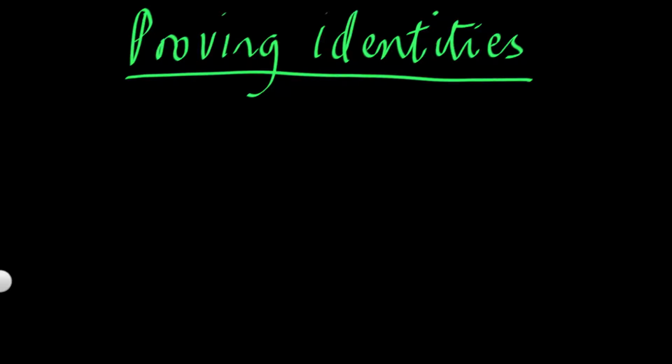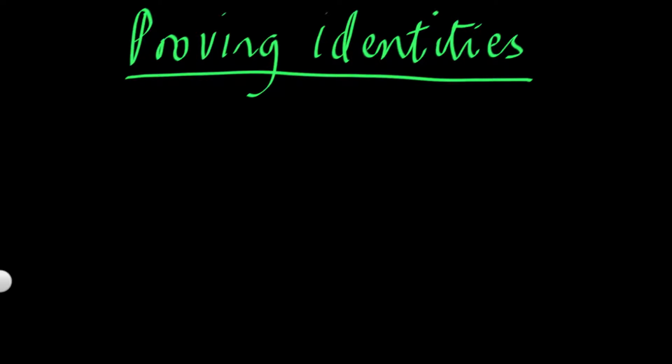I think proving identities is more of an art than mathematics, because sometimes you take a very correct identity or an identity that is applicable. However, it will not get you to make the proof. You're going to see as I go through here. I'm going to do a few examples on proving identities.